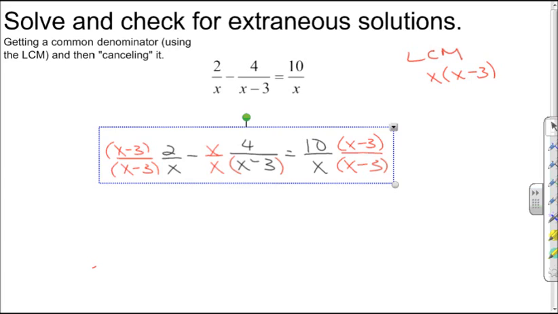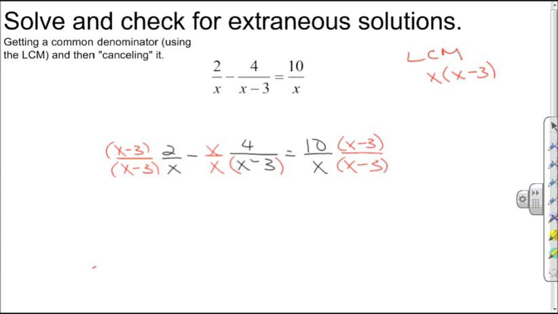And this is wonderful, because now what I'm really going to do is multiply by the LCM, like I was doing before, but I got a common denominator first. So if you notice now, I'm going to multiply by x times x minus 3 on both sides.